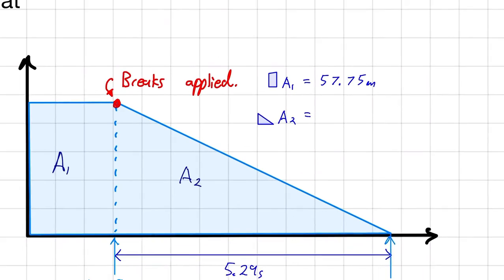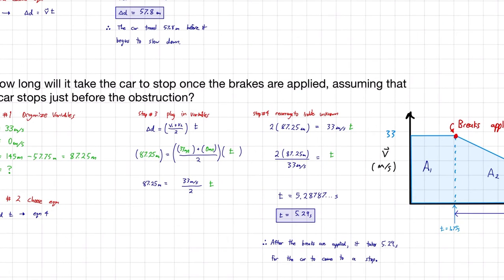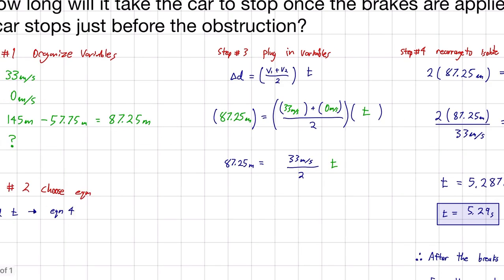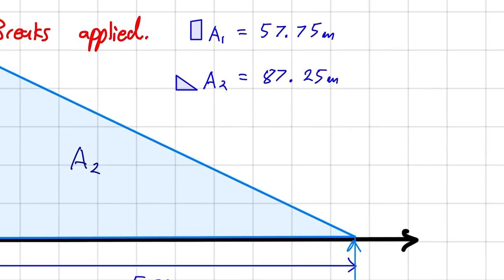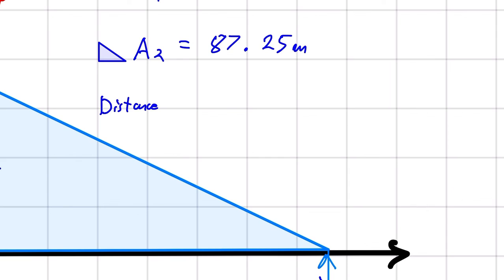And A2, well, what's that? That's the distance traveled from when the brakes are applied till a complete stop. And that is the distance that we used in this question. It's the 87.25 meters. And what's interesting here is when we add these two together, the total distance, here, let me write that neater.